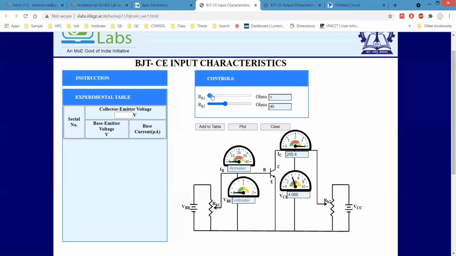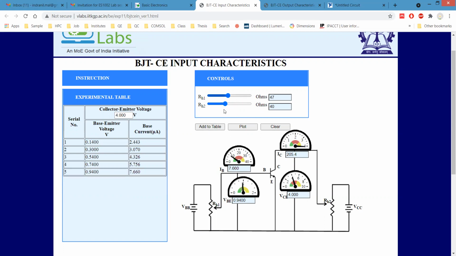Okay, this is 4 volt. Now, in similar fashion, we have to vary the voltage across the base emitter junction and add them in the table, and then we will plot. Let me allow a few moments, then we can have all the data. Then we will see if there is any difference or not.